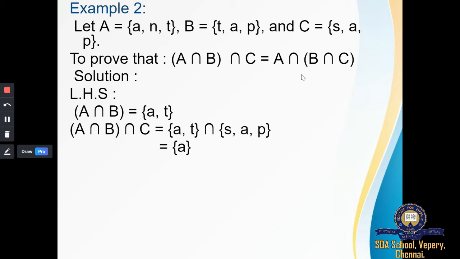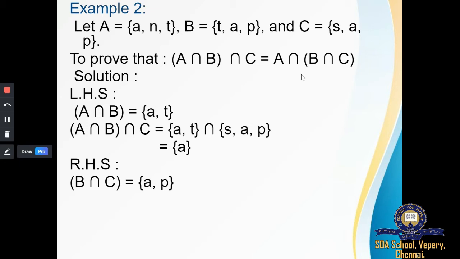Next, let's move on to the RHS part. Again, in the RHS part, the one which is in the bracket has to be solved first. So B intersection C is in the bracket. I'm supposed to find the intersection of B and C. If you see carefully, you will see there are only two elements which are common between B and C, which are A and P. I have written it down.